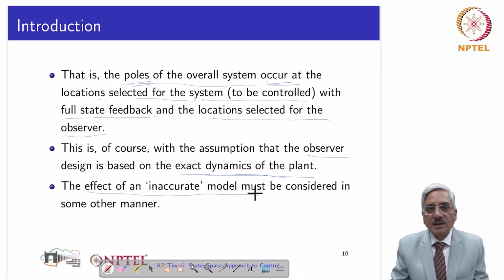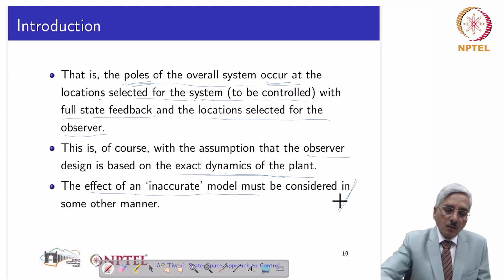This is outside the scope of our discussion, but there must be some way to analyze and find out the effect of the inaccurate model. There must be some way in which this has to be factored into a practically useful design. We proceed ahead.